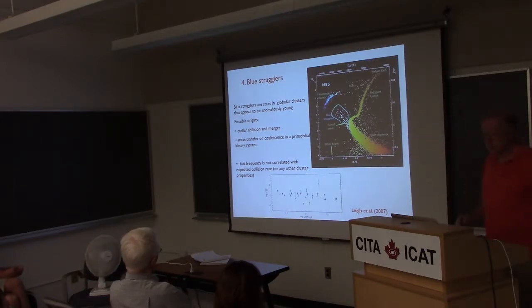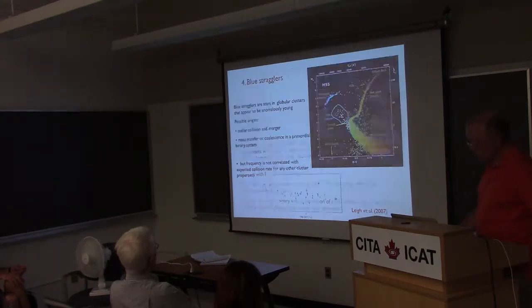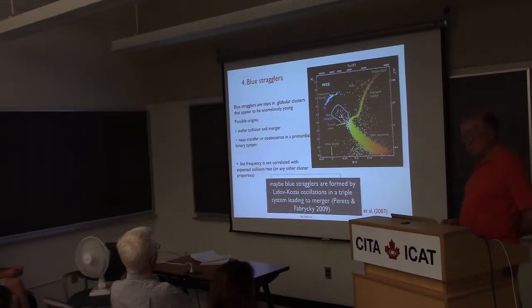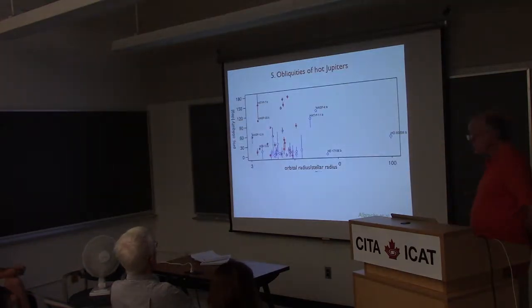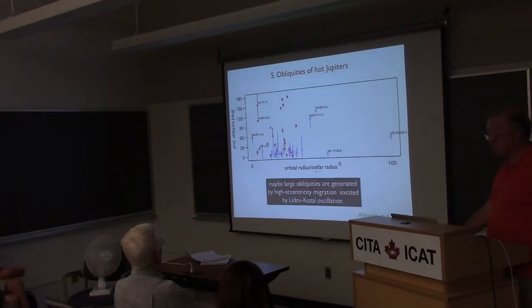There's a variety of explanations for them, but Hagai has argued that they might be formed by Lidov-Kozai oscillations in a triple system. Many of the hot Jupiters have remarkably high obliquities between the spin axis of the star and the orbital axis of the planet. Again, it's possible that those are generated by Lidov-Kozai oscillations.